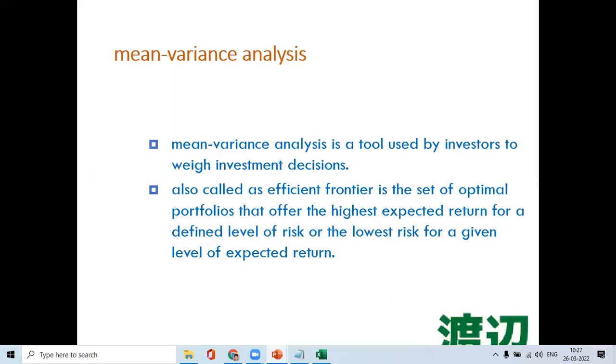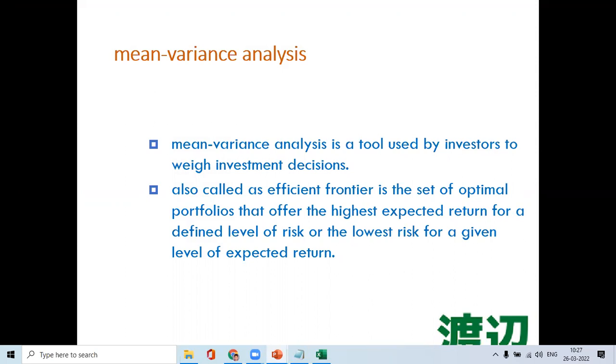Right, so basically this is the definition. You use this tool or framework basically to weigh the investment decisions. The investment decision as in what is your optimal portfolio.